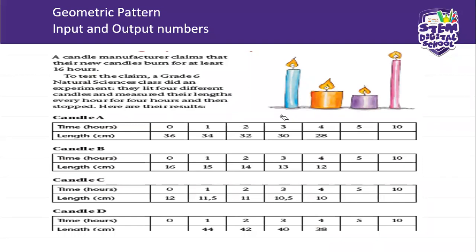So let's move along. Looking at this pattern and how it's moving along, each time this one loses 2, each time this one loses 1, each time this one loses a half, and each time this one also loses 2.